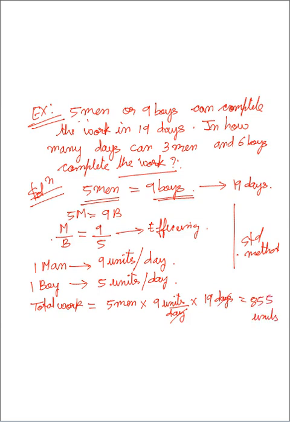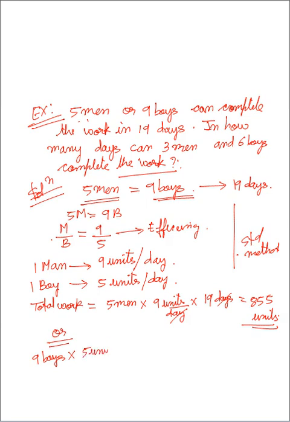Okay, now you may say take with respect to boys. With respect to boys, there are 9 boys. It doesn't matter, because ultimately we are multiplying with the efficiency. If I am taking boys, then the efficiency will be less. So 9 boys multiplied by 5 units per day.